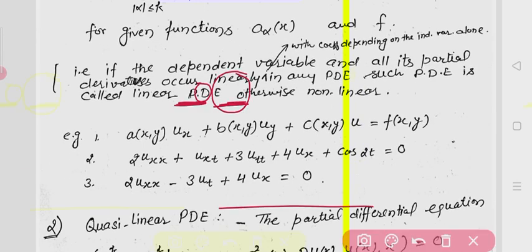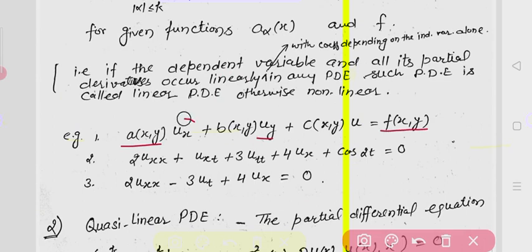So we say a(x,y) u_x + b(x,y) u_y + c(x,y) u = f(x,y). So these are the first order derivatives, the derivatives of the dependent variable u, and this is the dependent variable. All these derivatives and this dependent variable are present linearly in the equation, all of their powers are 1, you can see here.